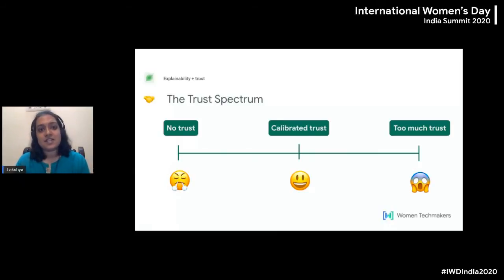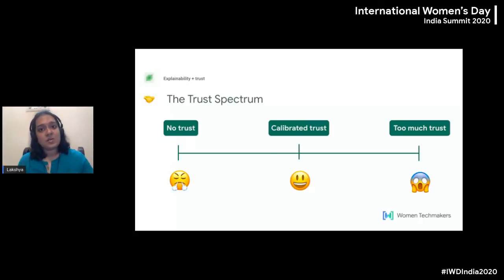So here's a trust spectrum. You might find one set of people who have absolutely no trust in your system. They would probably have had a previous bad experience, or they think that the prediction or the recommendation that you're showing is not applicable to them, and they would just ignore it. There can be another end of the spectrum where they trust the system wholeheartedly.